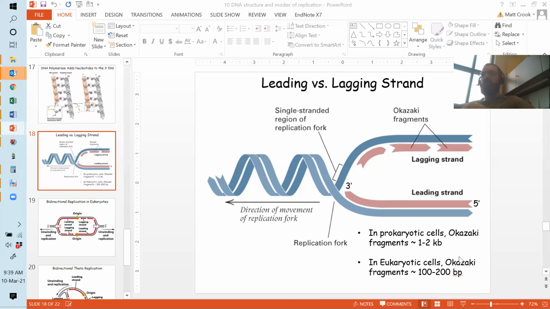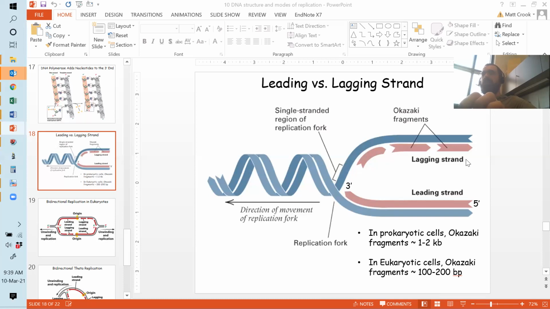So both strands are synthesized at the same rate, but it takes longer to essentially fix the gaps between the Okazaki fragments. That's why it's called a lagging strand, not because it takes less time to synthesize it, but because it takes less time to fix all this.